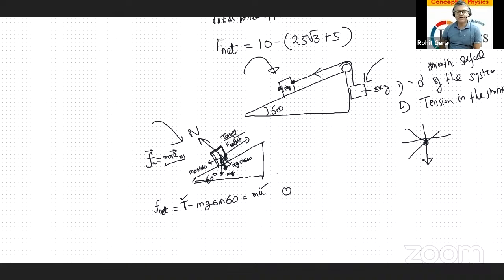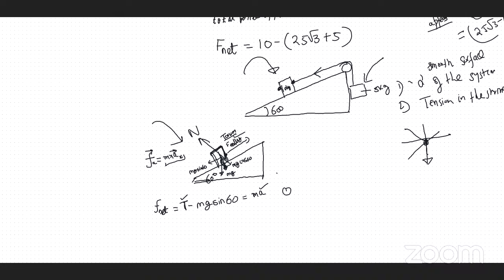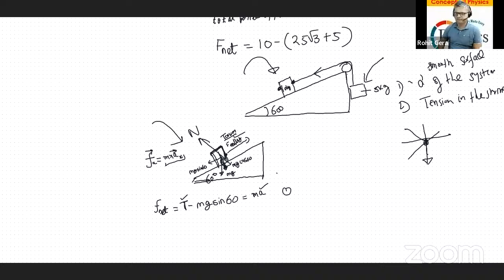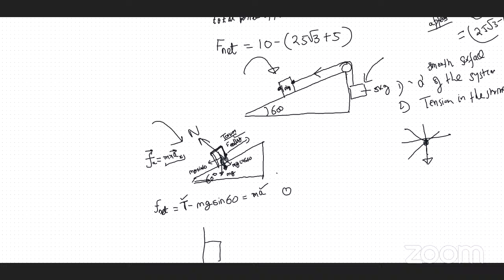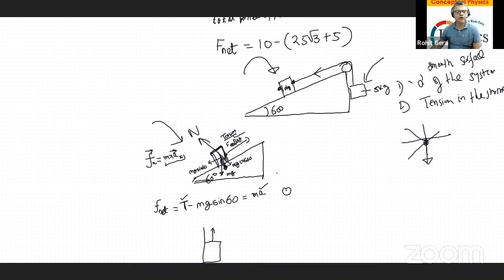It's a single string. This one is in the vertical, right? In the vertical, you don't have that problem at all. Tension is acting from the upward side. Right. Always pulls. Always pulls.